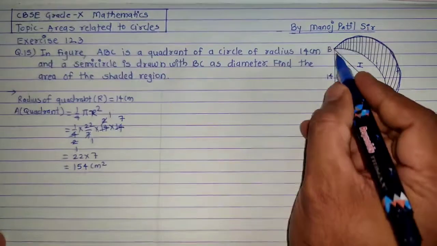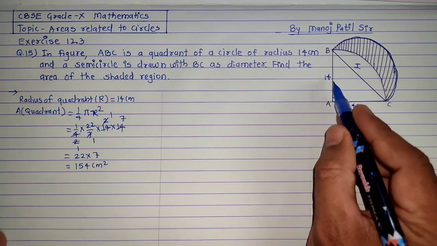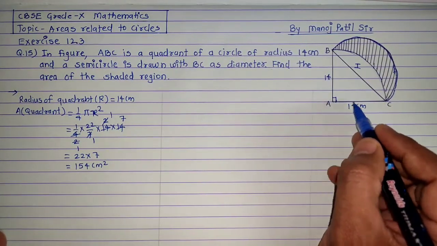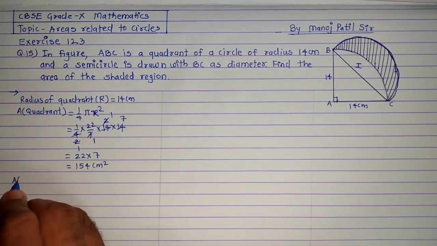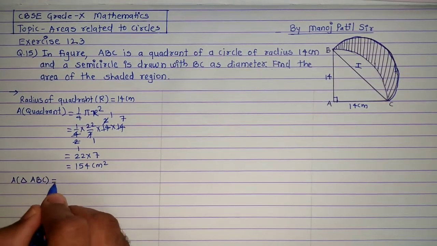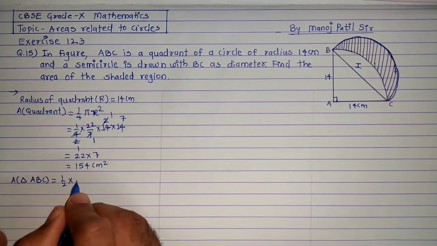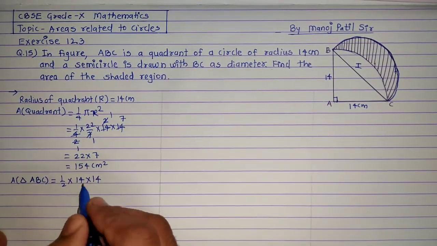Now we'll find the area of triangle. As this is a right angle triangle, easily we can use half into base into height. If AC is the base, AB will be the height. So area of triangle ABC is equal to half into 14 into 14. You can write AC into AB also.